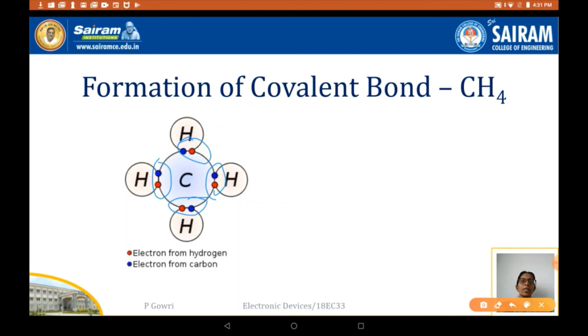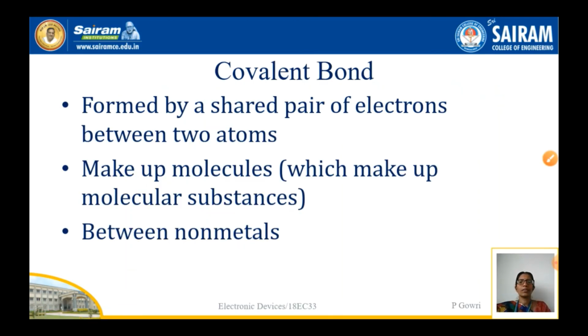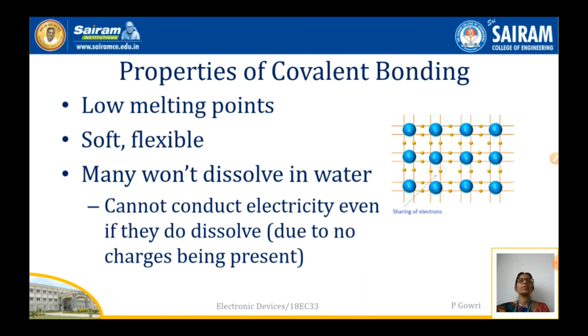As in the case of the ionic crystal, there are no free electrons available in the lattice in the covalent diamond structure. By this reasoning, germanium and silicon should also be insulators. However, this occurs only at 0 Kelvin. Coming to the properties of covalent bonds, it has a low melting point, it is soft, flexible, and it will not dissolve in water.